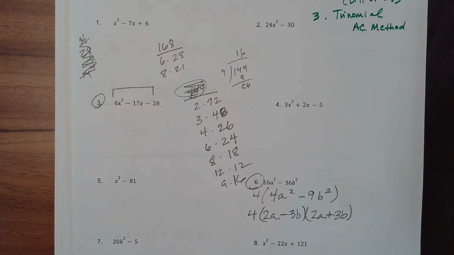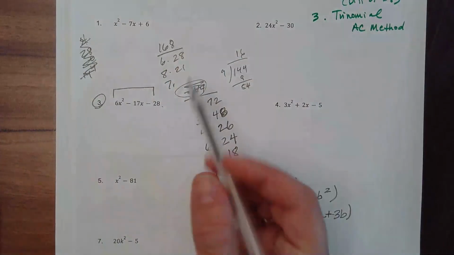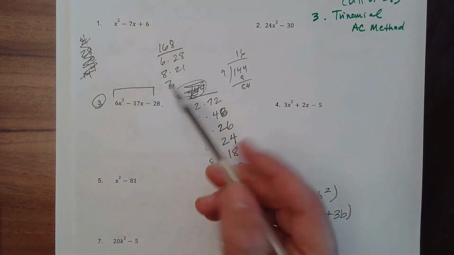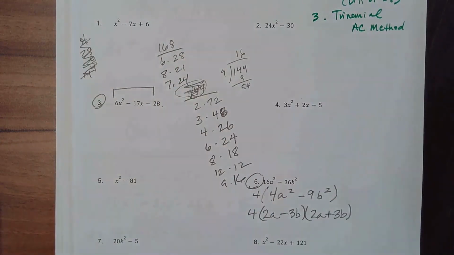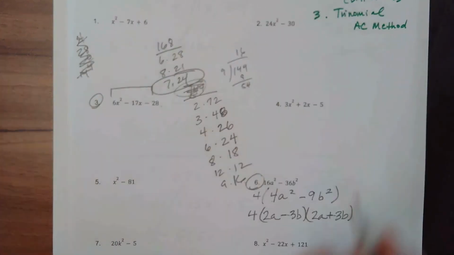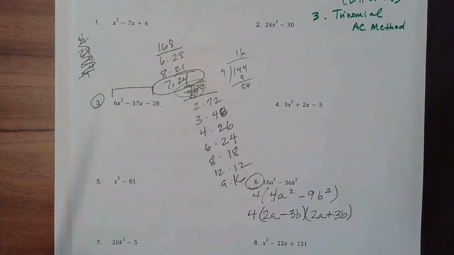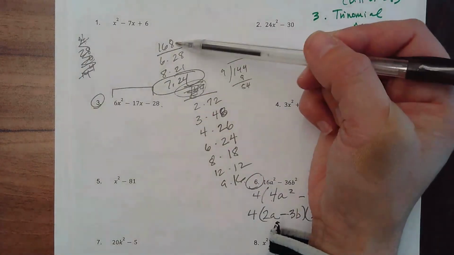Let's try another one. I could do 7, so 168 divided by 7 gives me 24. Oh, that one would work. So it looks like 7 and 24 would work, because if I took 24 and I subtracted 7, I would get 17.